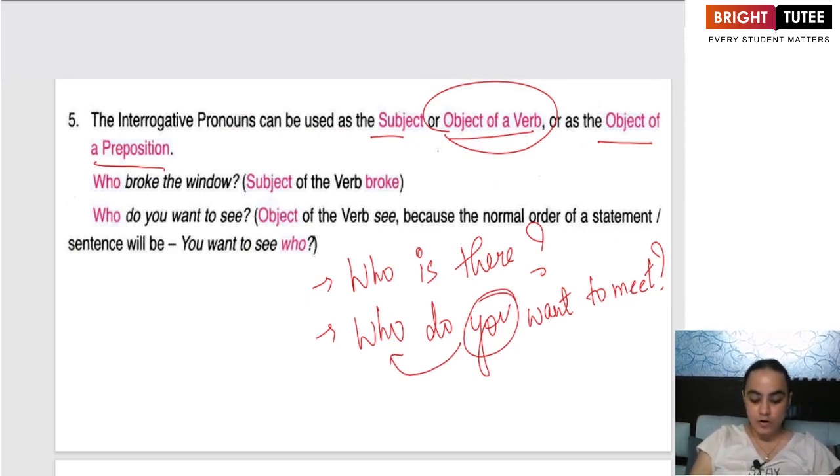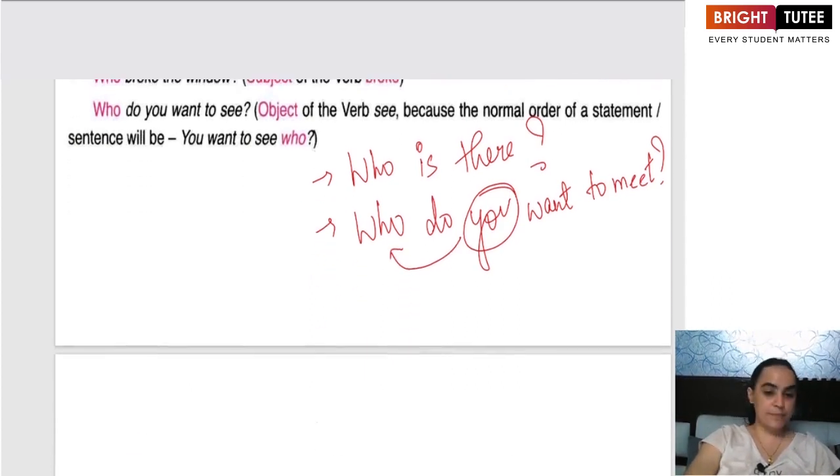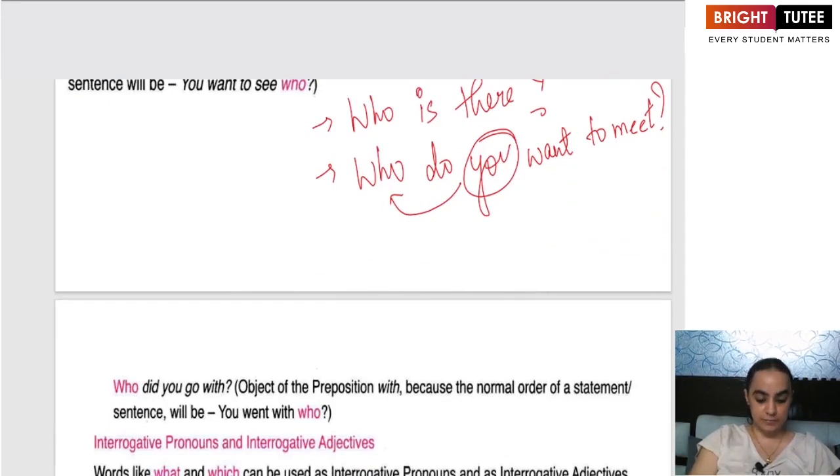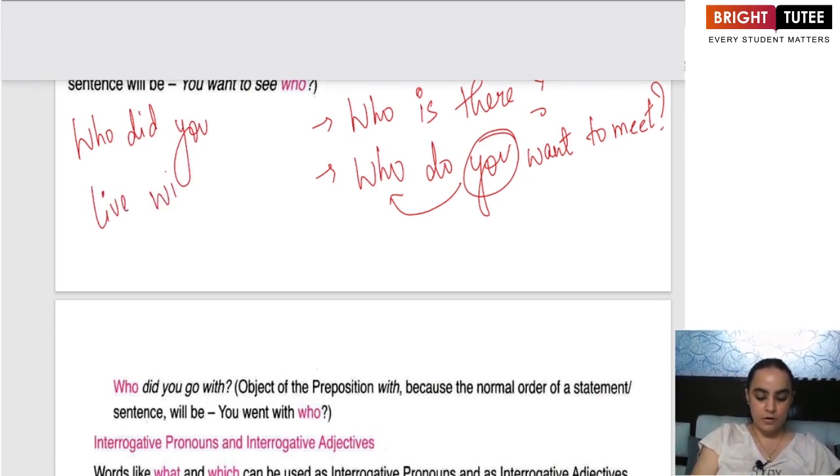If I talk about the preposition, the example where I am using it with a preposition: who did you live with? Question.